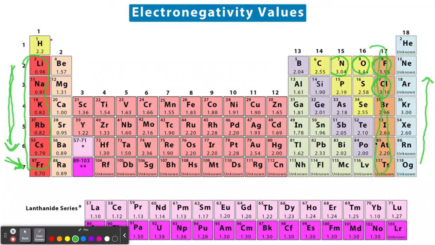So again, you get more reactive as you go up with the halogens, more reactive as you go down with the alkalis. So again, these alkalis, except for hydrogen, just hanging out there, it's not part of it. The alkalis and the halogens are the most reactive families. And the halogens are electronegative, where the alkalis are electropositive.